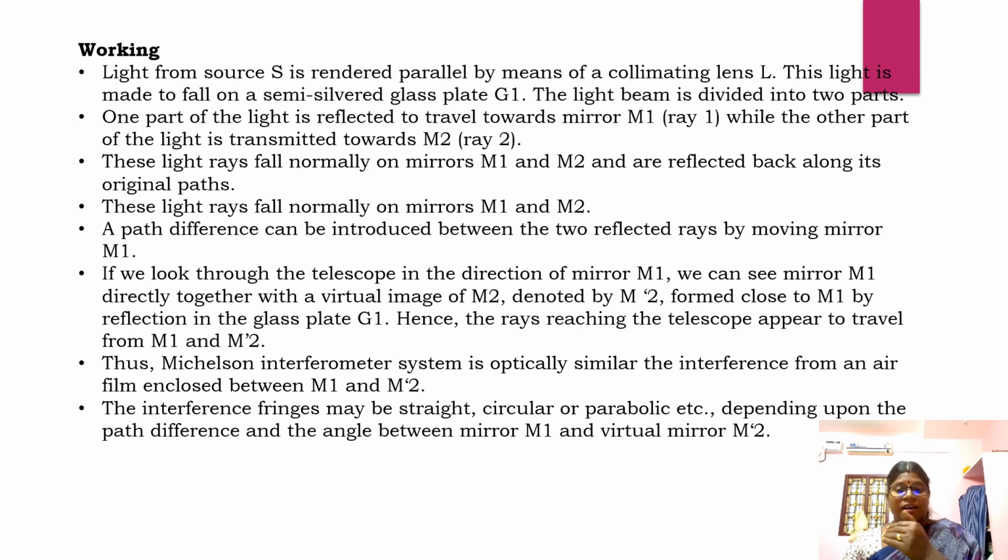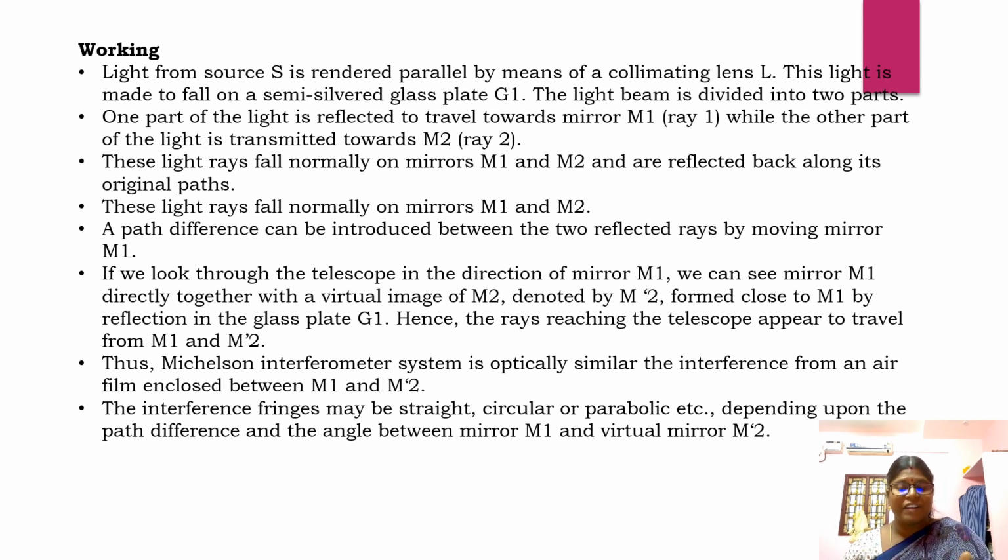The reflected ray from M2 that reaches the semi-silvered glass plate G1 is made to be incident on M1. So the light from M2 again meets M1.